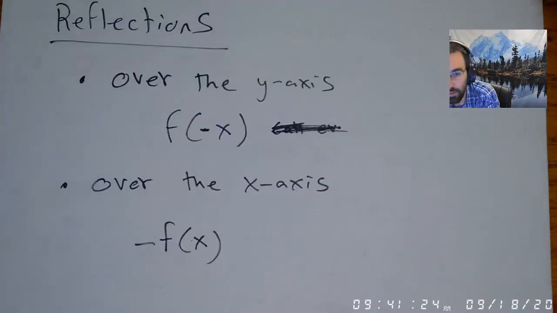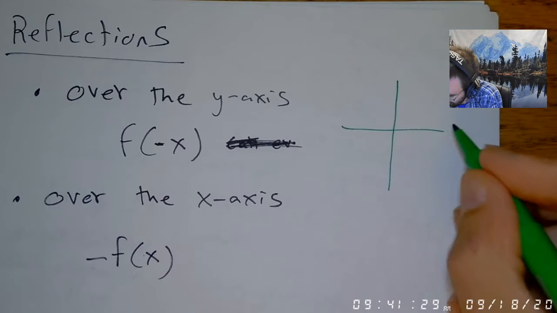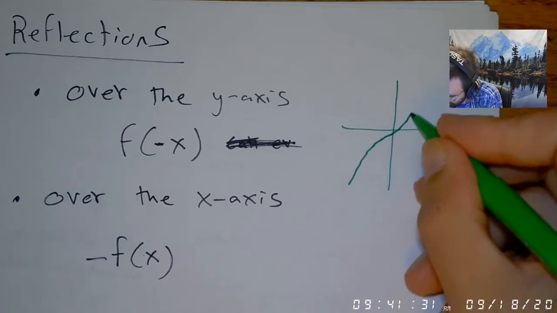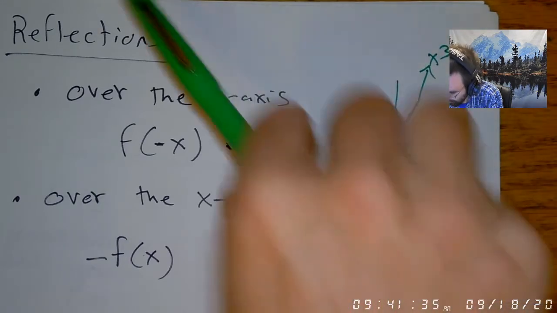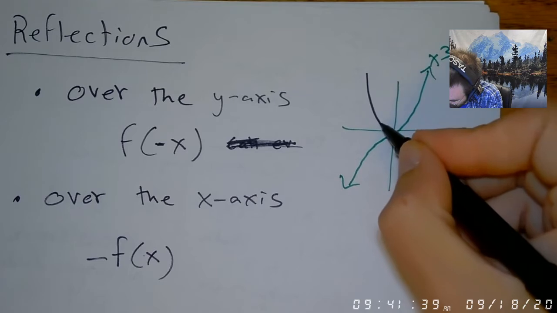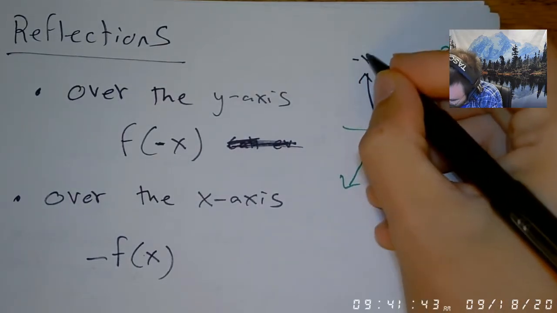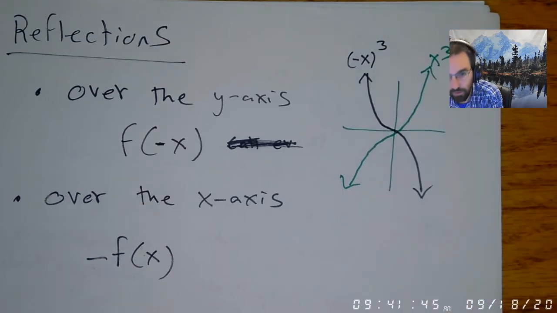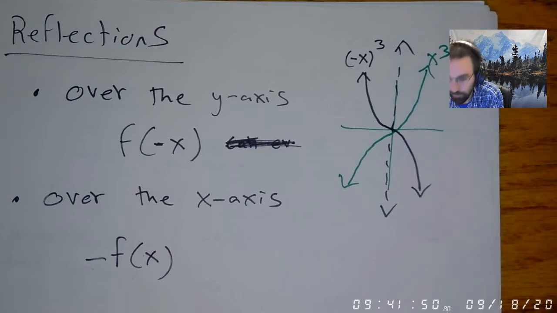I'm going to draw a picture of these really quickly because, you know, who doesn't like pictures? So if I have a cubic, and then I want to draw negative x cubed, right? So that is a reflection over the y-axis.